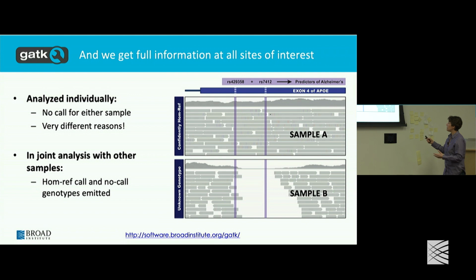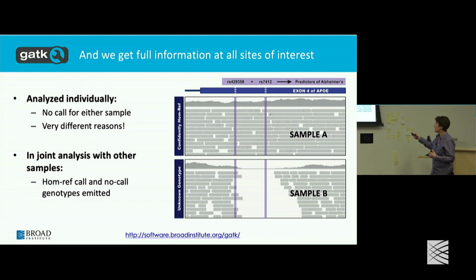Now, to walk through this example, we've got read data from sample A and sample B, two different people who are being tested for predictor markers that are indicative of risk for Alzheimer's.